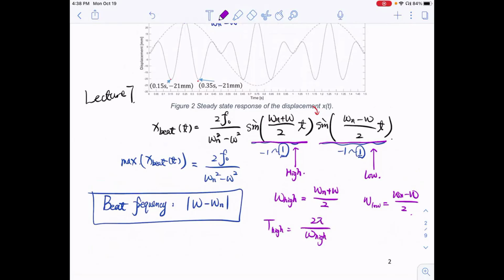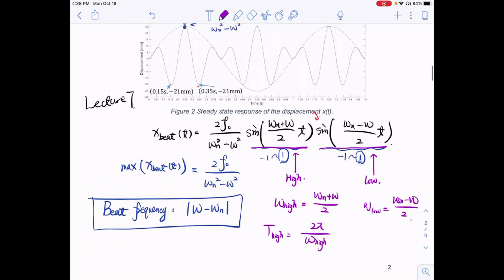If you keep track of this solid line, you can see the high frequency component is here. This distance is T high. And then you can also see the second, low frequency component.